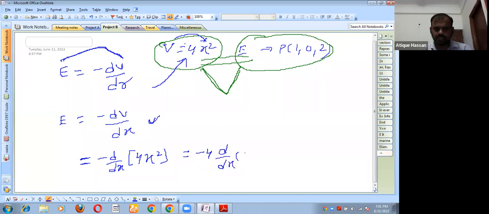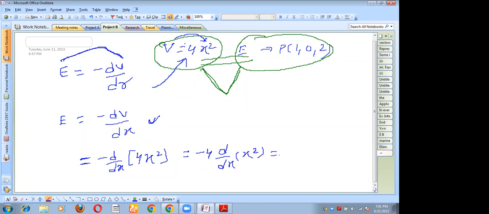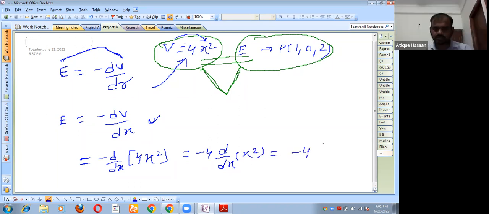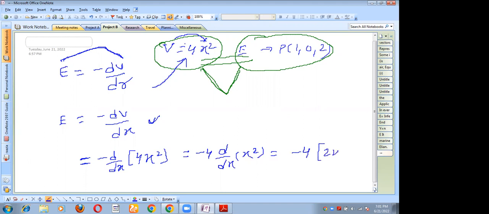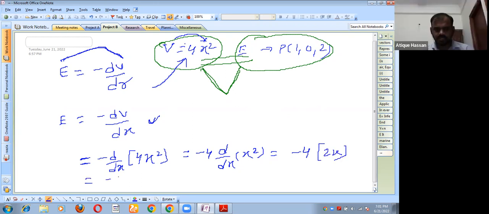It's minus 4 times d by dx of x square, and d by dx of x square is 2x, correct. So it comes as minus 8x. So the electric field is minus 8x.